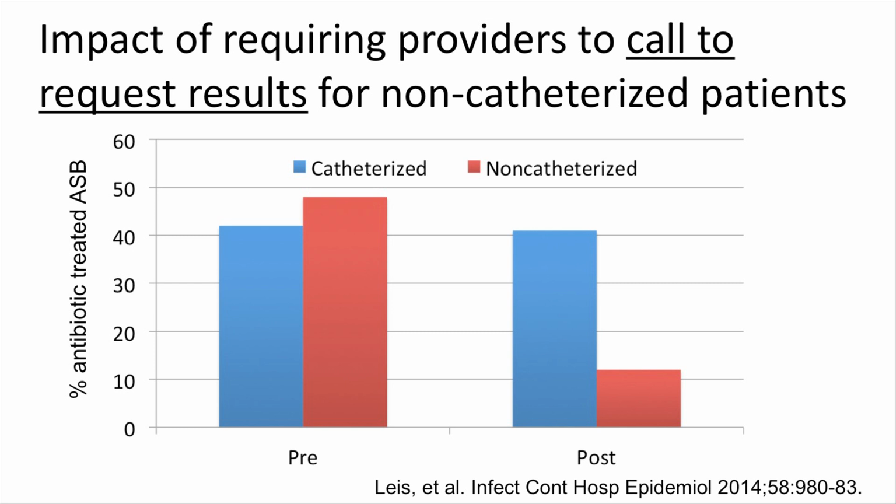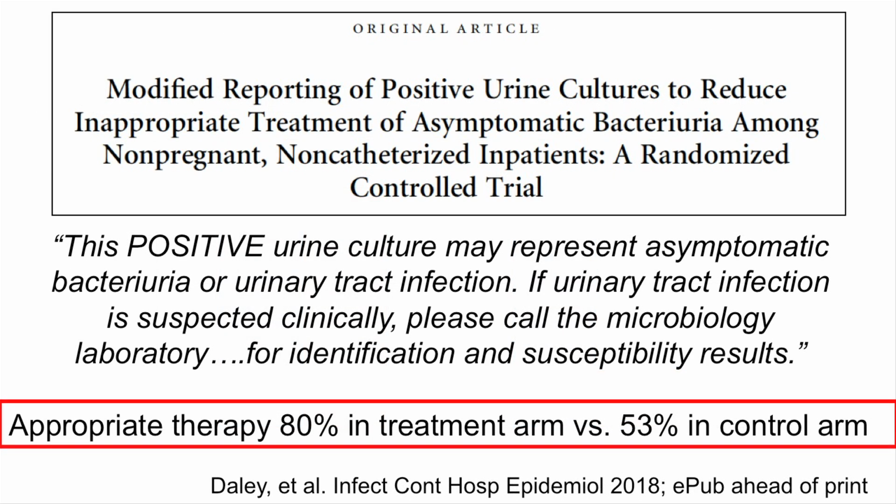And these brave Canadians, and this is a different group in Canada, just published this week this study, which I thought was very interesting, a randomized controlled trial that modified reporting of positive urine cultures. They were selective: non-pregnant, non-catheterized inpatients, non-neutropenic as well. When they got a positive urine culture in the group randomized to the intervention, they didn't report the results.